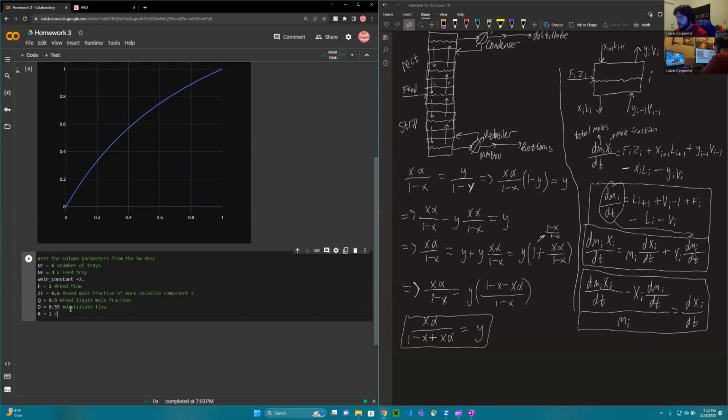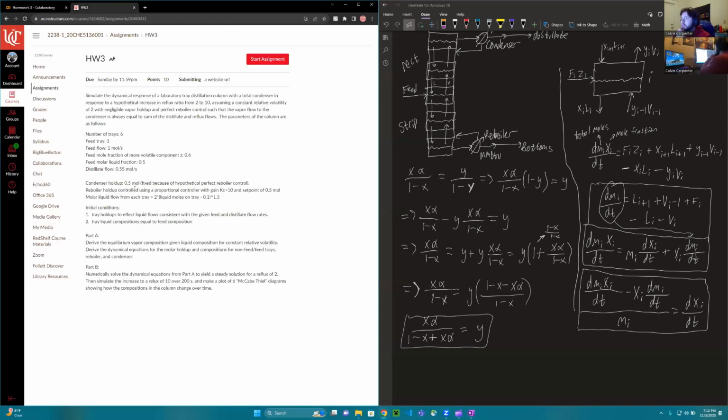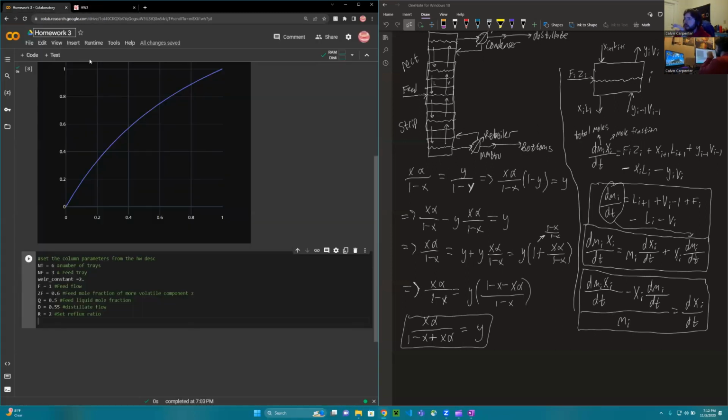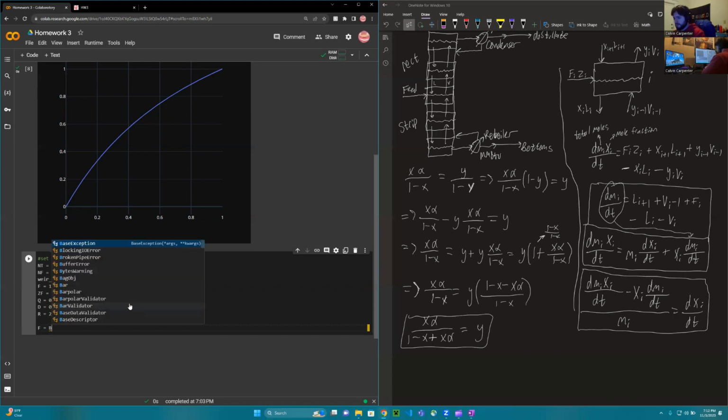It's going to be the set reflux ratio. Okay, so I think now that we're on the topic of column things, I guess we'll set the feed equal to the bottoms.